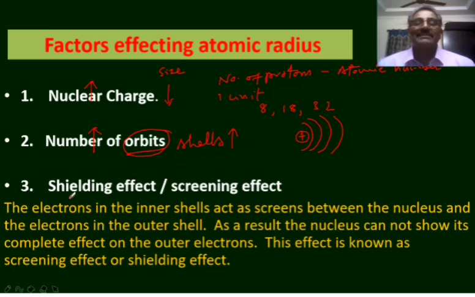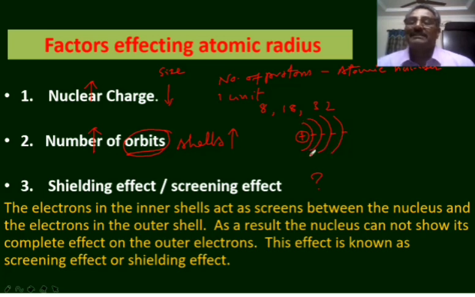And the next one is the shielding effect or screening effect. What is this shielding effect or screening effect? In the case of multi-electron atoms which possess a large number of electrons, the electrons present in the inner shells repel the electrons present in the outer shell.